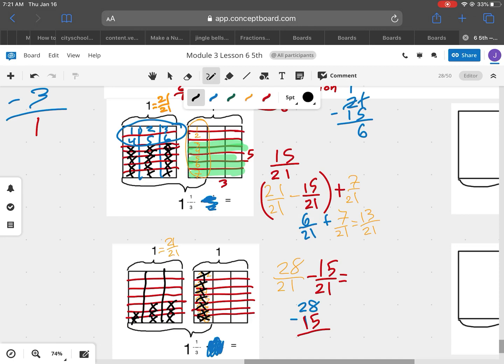All right, so if we count those up, we know that there's 12 here and 13 right there. If you need to count, then I will count it for you. So there's 13 left. So it's 13 21s.